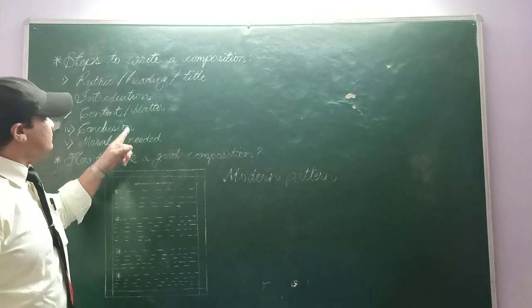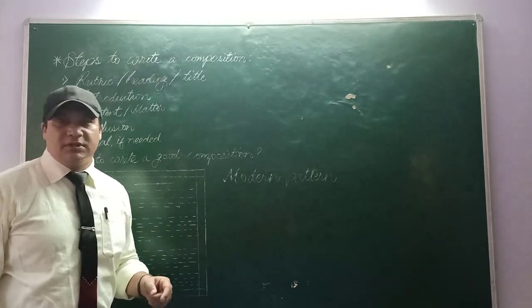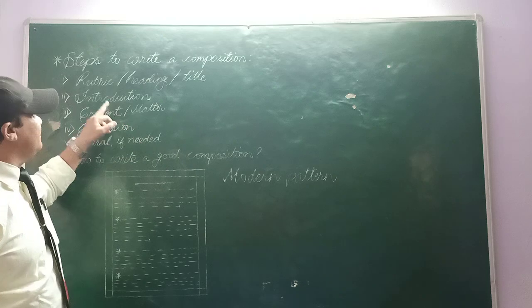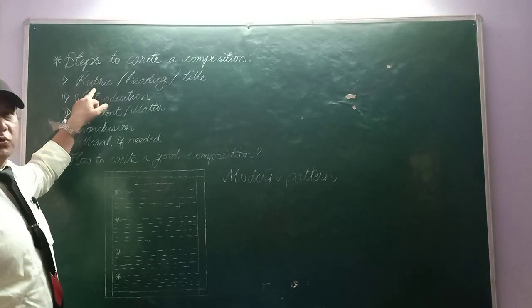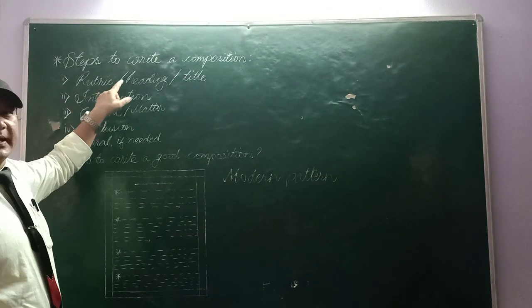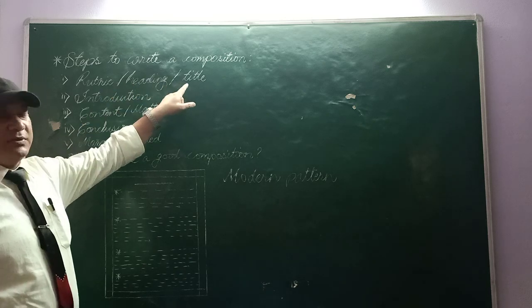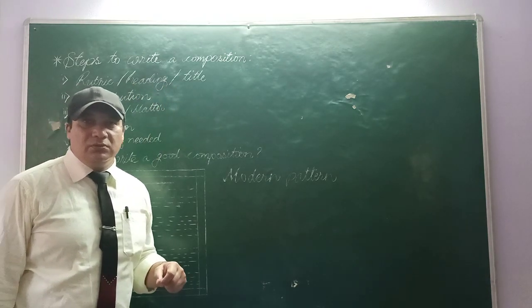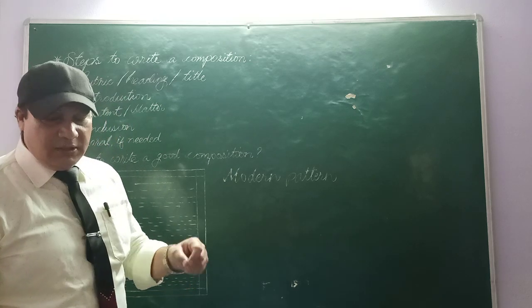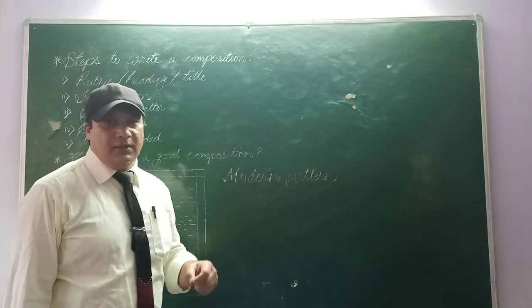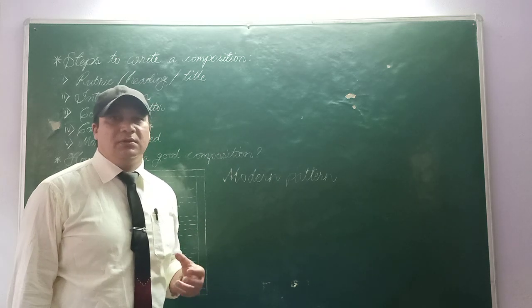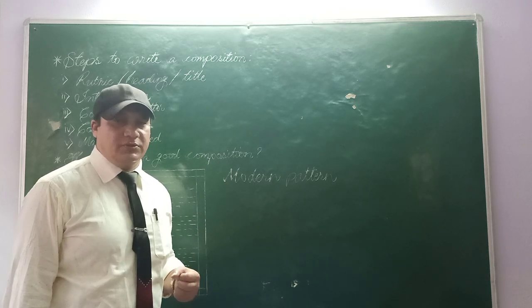Now let us see what are the compulsory 4 steps needed to write a good composition. First one is rubric. Rubric means heading, or to make it simple, title. So we need to read the question first and then understand what could be the possible topic to be written for the composition.